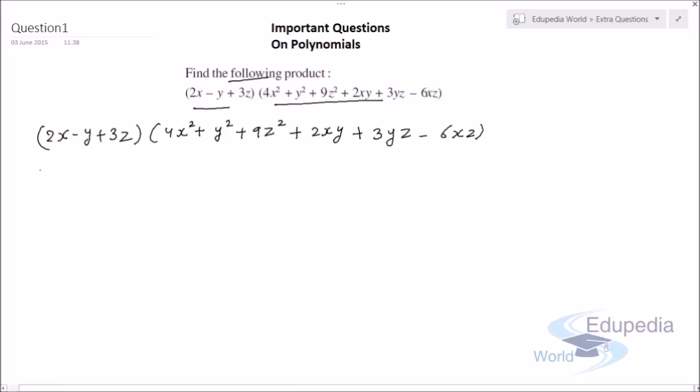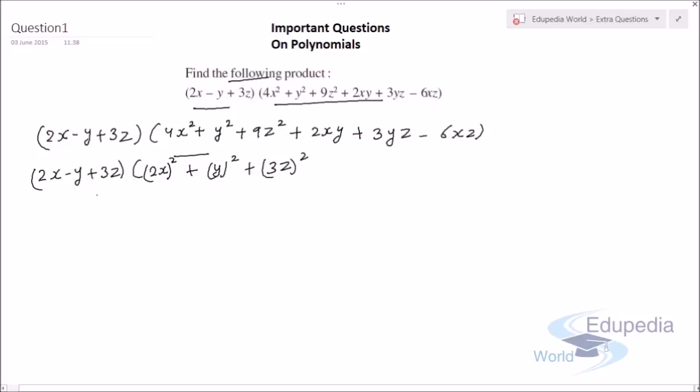First we have to simplify the terms. How can we simplify? This question can be written like this: 4x square can be written as 2x whole square, y square as y whole square, and 9z square can be written as 3z whole square.